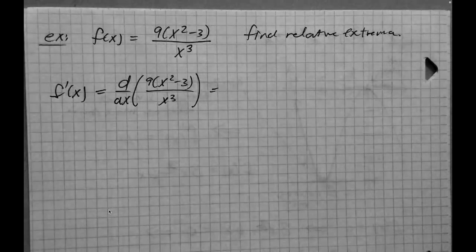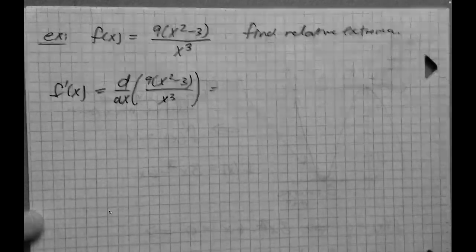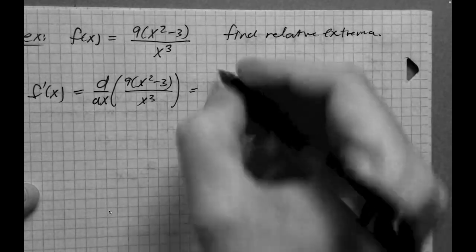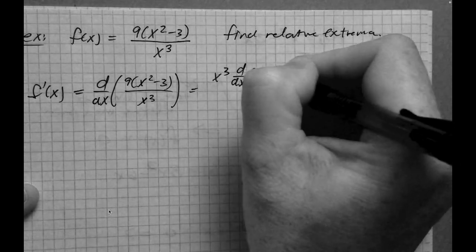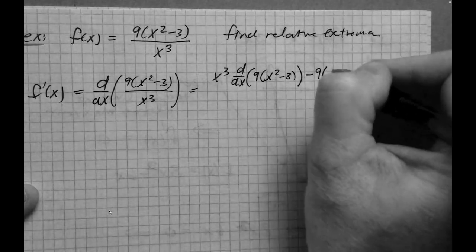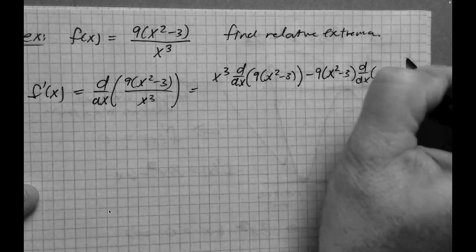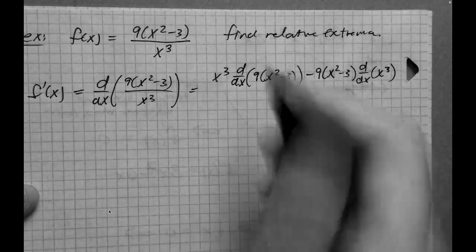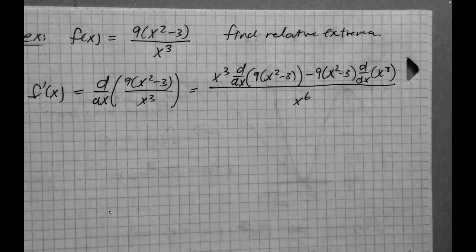All right, now this is a nice quotient rule problem. So it'll be low d high, so x cubed times d dx of 9 times x squared minus 3 minus high d low, like that. Okay, and then square the denominator like so.